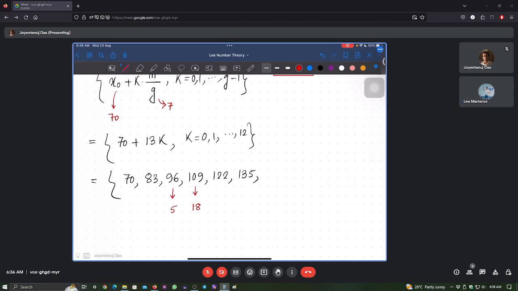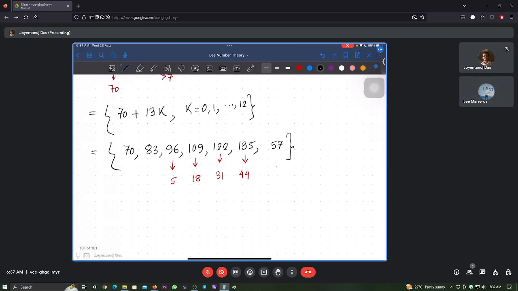The next one, modulo 91, will be 31. This one will be 44. Then we can just add 13 here. So 44 plus 13 will be 57. Then 70, so we are already repeating, and here we can end.